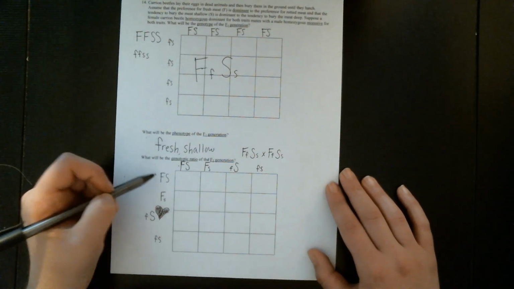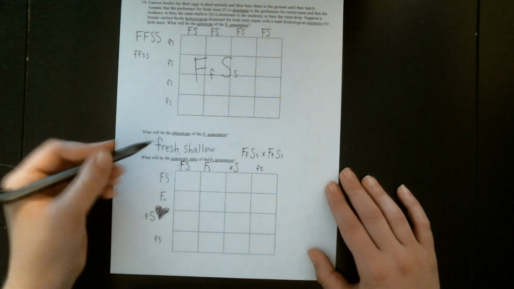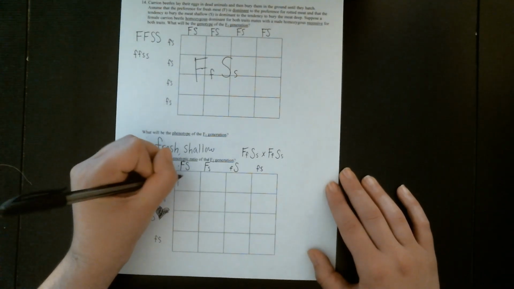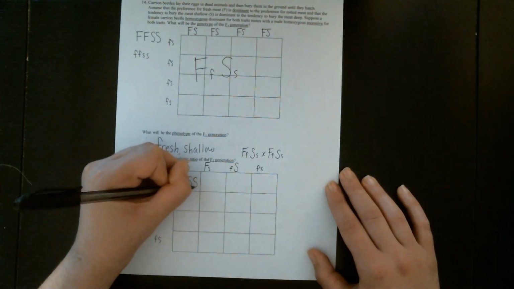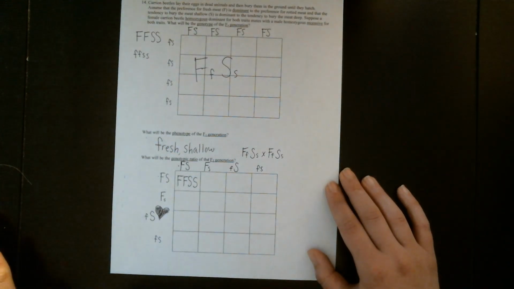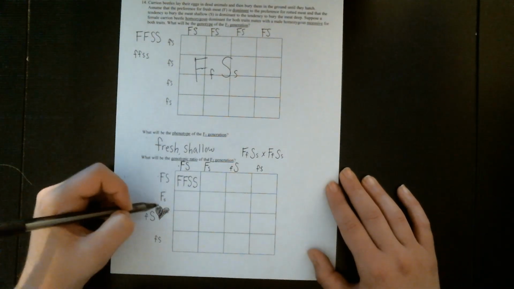If mom and dad both pass on both dominant alleles, we are going to get a fully homozygous dominant child. So that's the first genotype. Next, let's do this one.